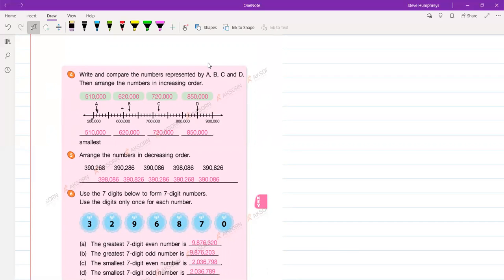Each increment is 10,000. So it's 1, 2, 3, 4, 5. 5 times 10,000 is, write the number in the box. And then arrange those 4 numbers in increasing order. That's going to be your smallest number, and that's going to be your greatest number.